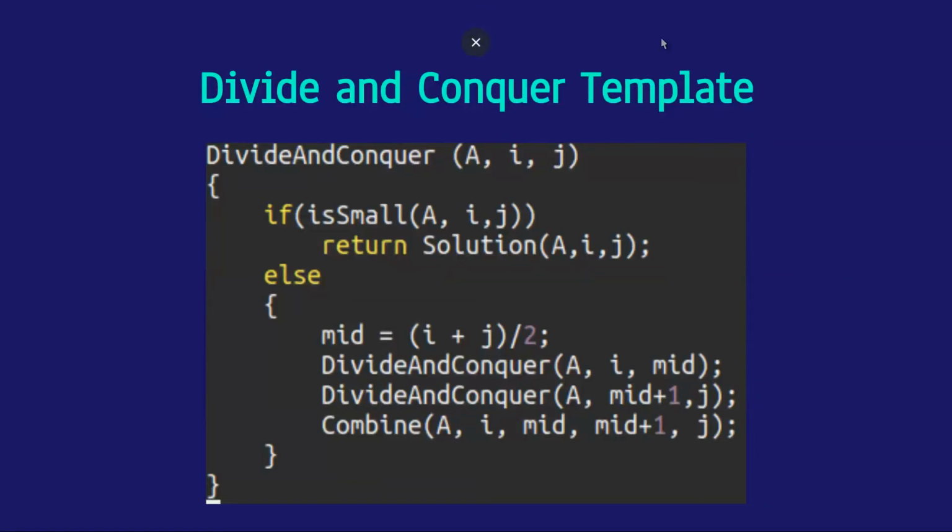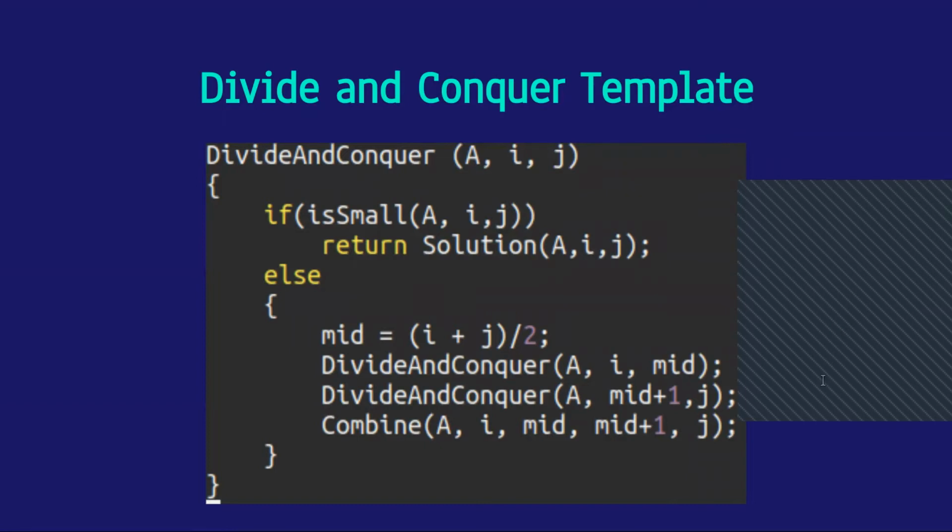Type your answers in the chat box. I gave you an array. You chose to sort it and use the divide and conquer strategy. You divided the original array into two parts. Now, what are these two parts again? Type in the chat, guys.